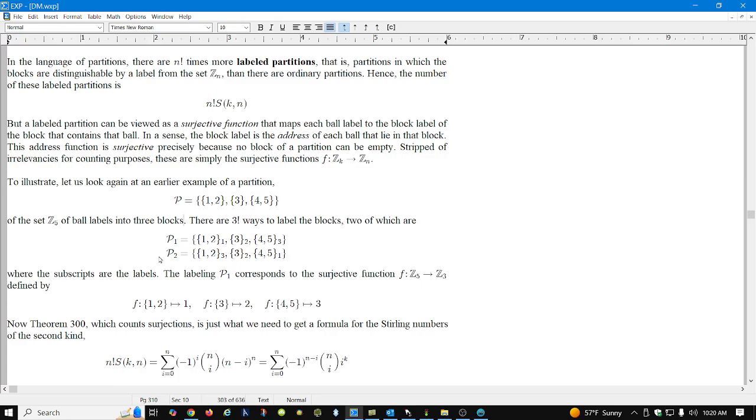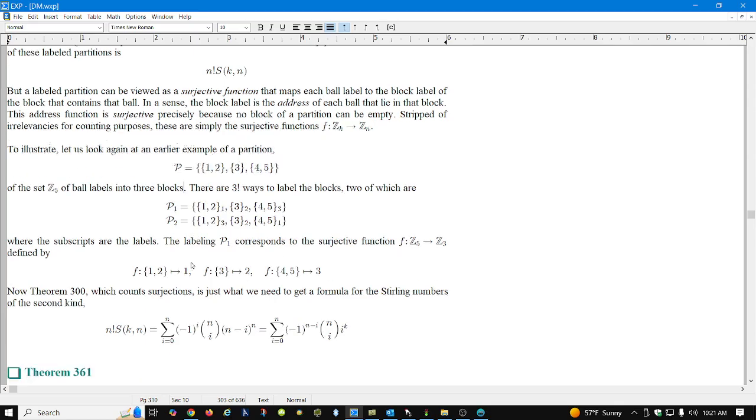The address function I'm talking about for P1 here will map the integers 1 and 2, the ball labels 1 and 2, to the address 1. And the ball label 3 gets mapped to address 2, or has address 2. The balls 4 and 5 have address 3. And you'll get a different function for P2 by reversing the images here, 1 and 3.